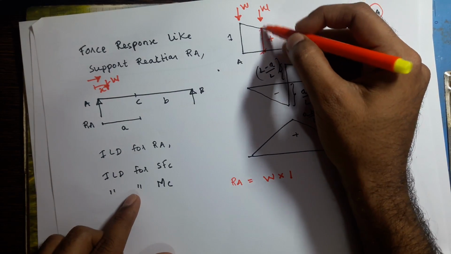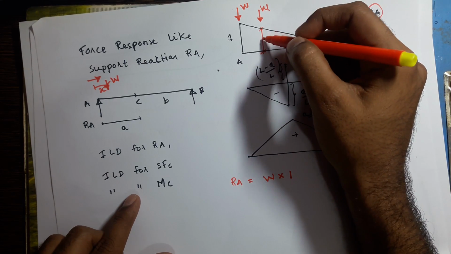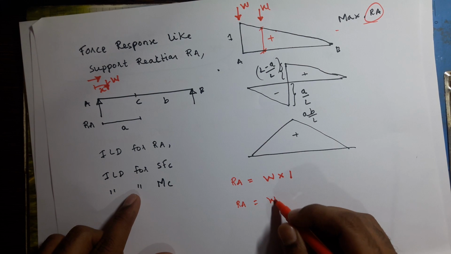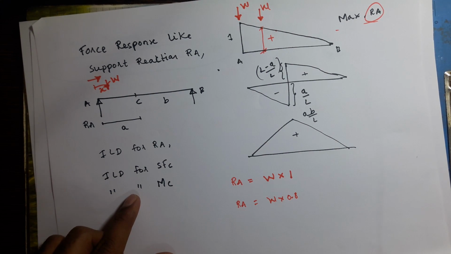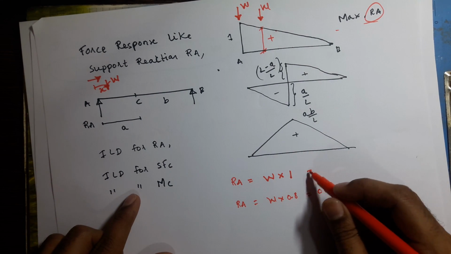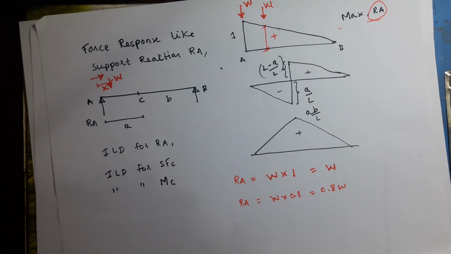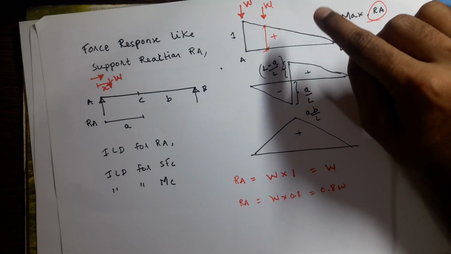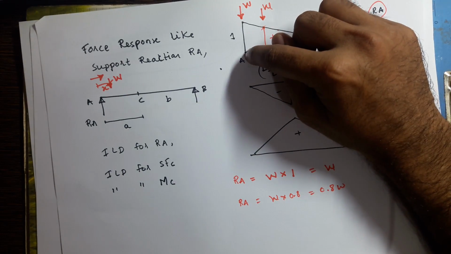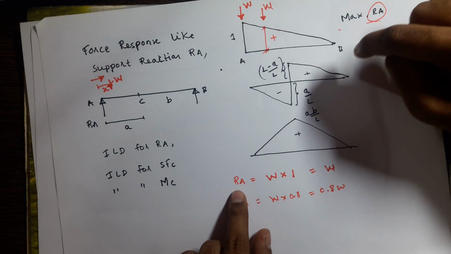So when you place load here at this point, reaction will be, for example, W into 0.8. So here you will get 0.8 W, and here you will get W. So where are you getting maximum RA? When you are placing W single point load at A, then you are getting maximum RA.